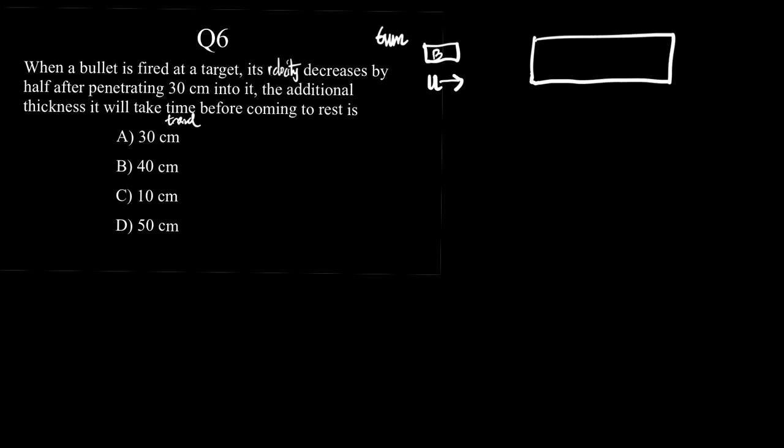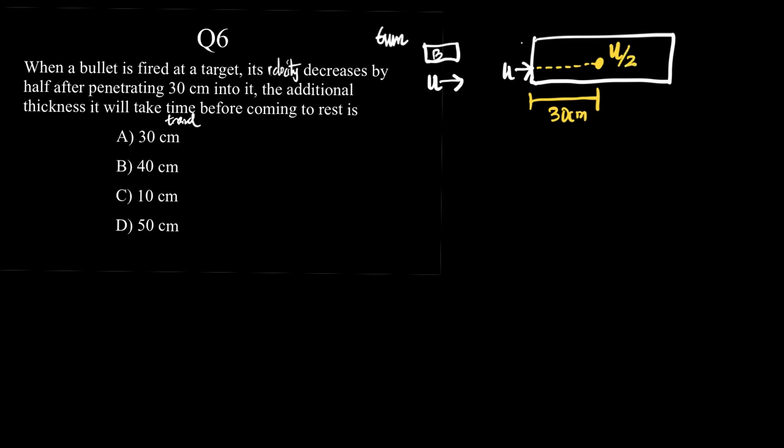Now when it enters the target, it will enter the target with velocity u, right? According to the question, it decreases by half after penetrating 30 centimeter. So let us say this much distance is 30 centimeters. Which means the bullet will slowly come through this region, and when it comes to 30 centimeter, its velocity will become half, which means at this point the velocity is u by 2.